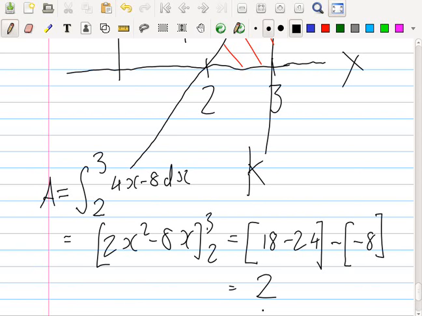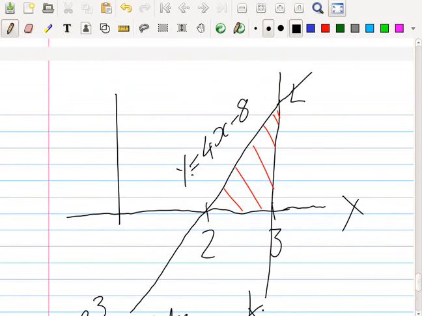Now, as you saw earlier, there was another formula in this case because this is a special case. What type of shape is this? A triangle. Now, the area of this triangle would be half the base.